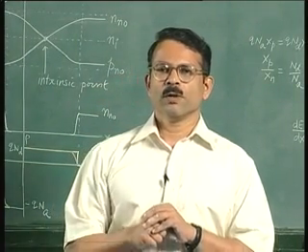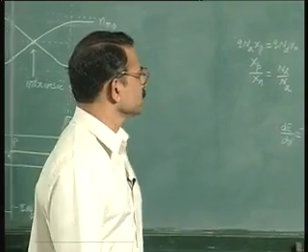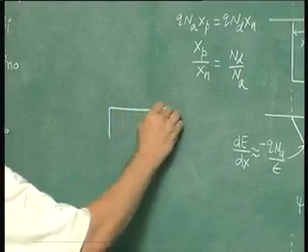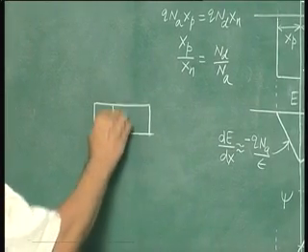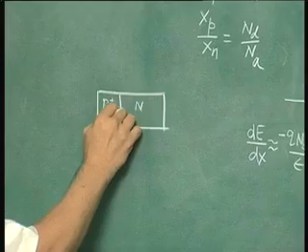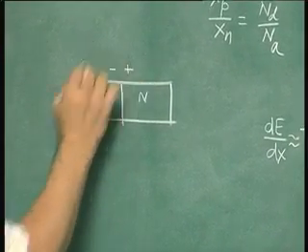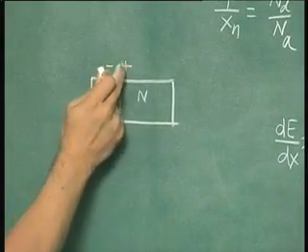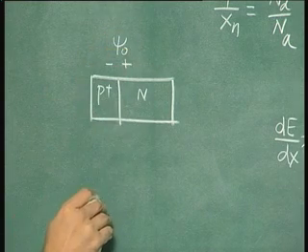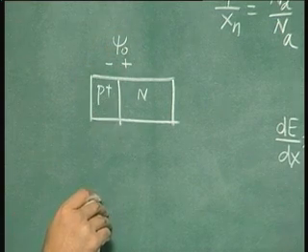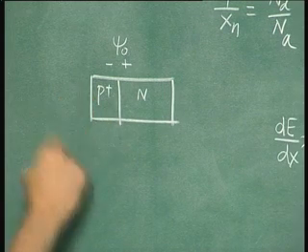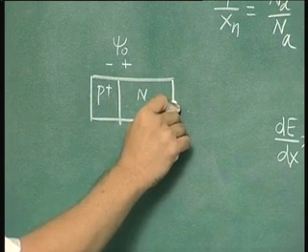Now, one way to understand this is as follows. This is the device, PN junction, and there is a built-in potential here. The direction of this potential is this. Okay, this is positive and this is negative. This is psi naught. If you were to join the P and N regions with a wire, no current will flow.